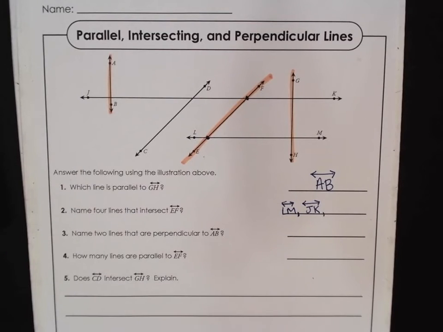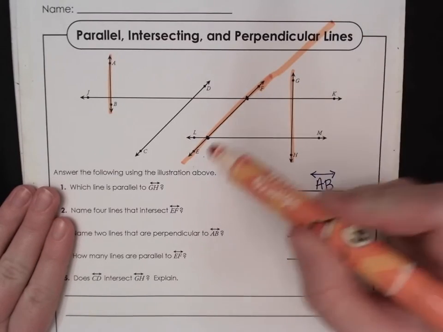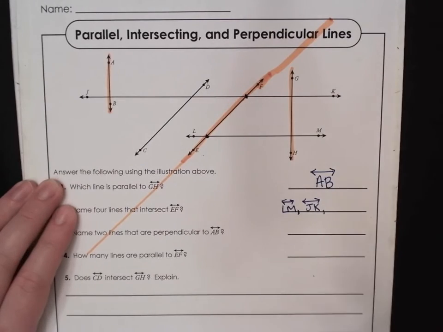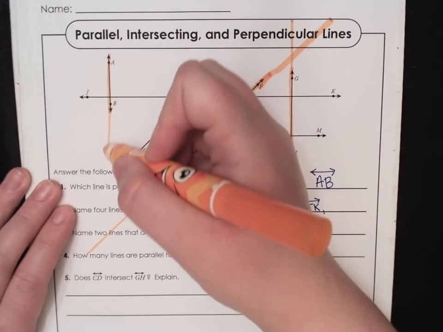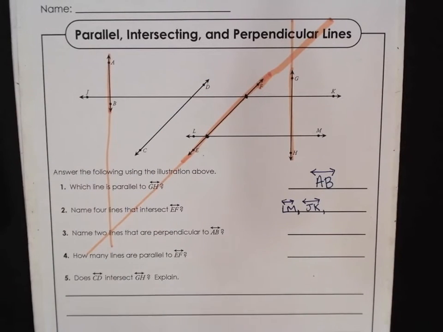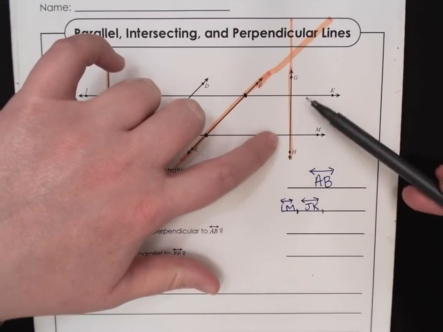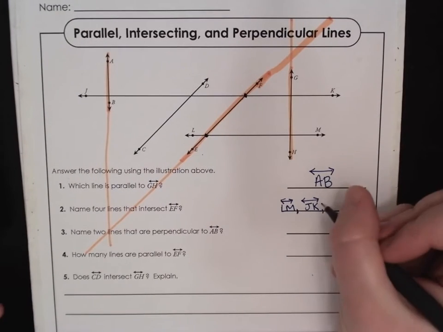Now it says name 4. So now I need to think about what would happen if I extended line EF. And then I extend my two lines in this diagram that are going vertical. When I extend my lines, you can see that line GH will also intersect with line EF.